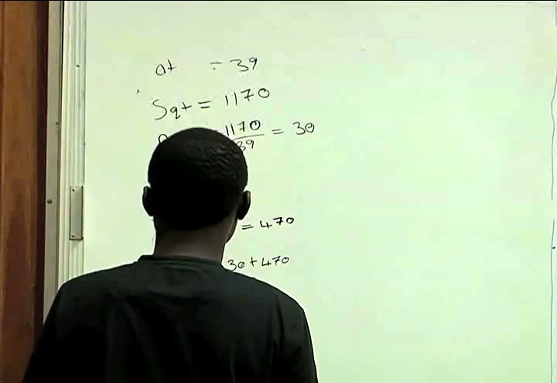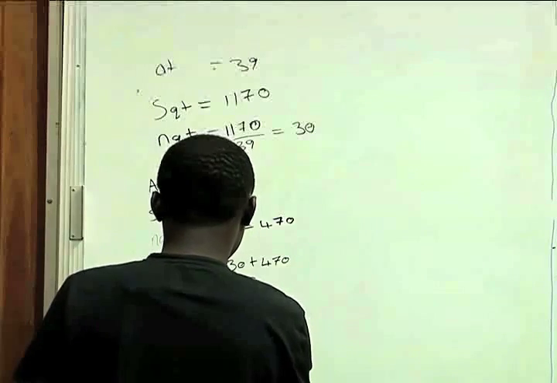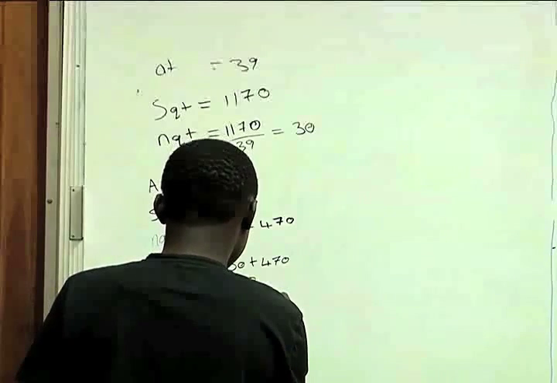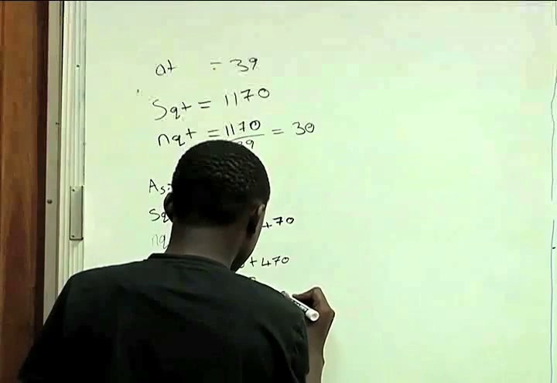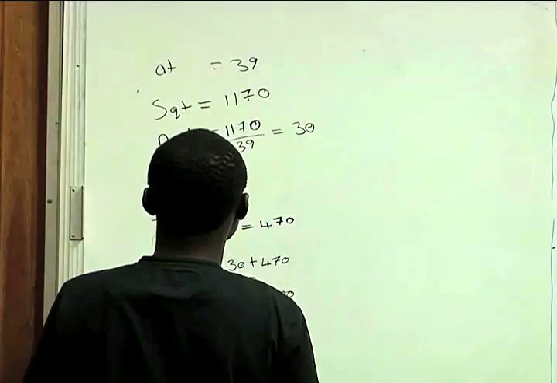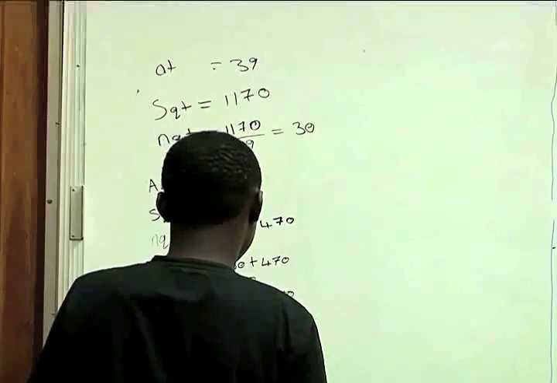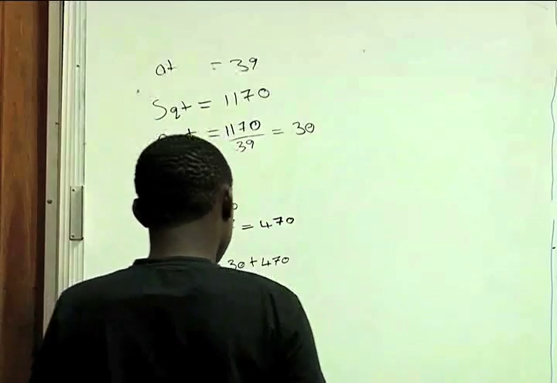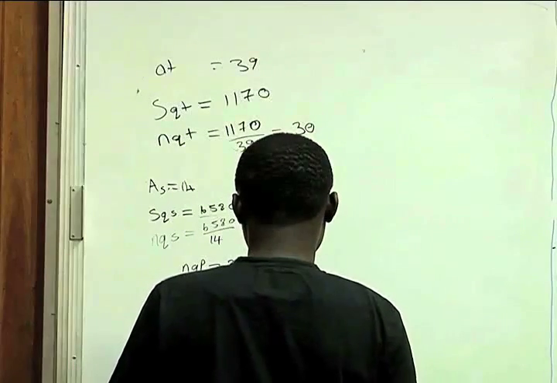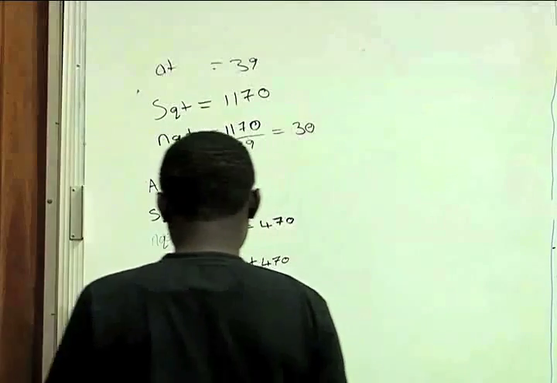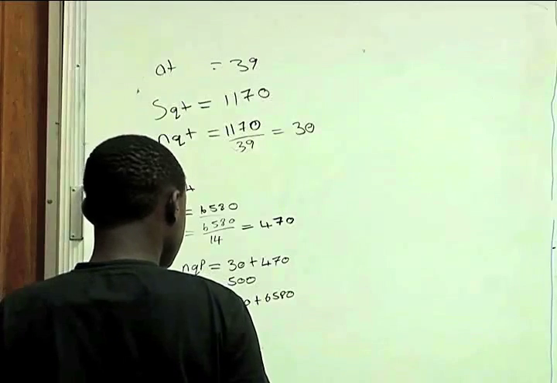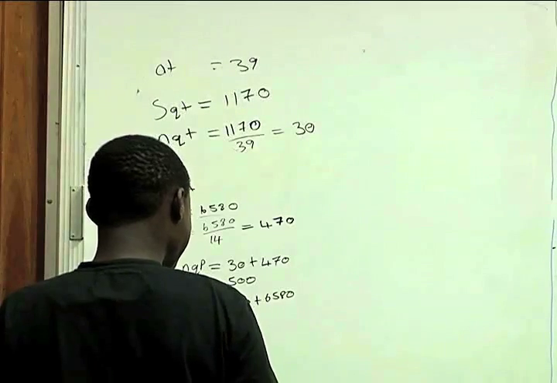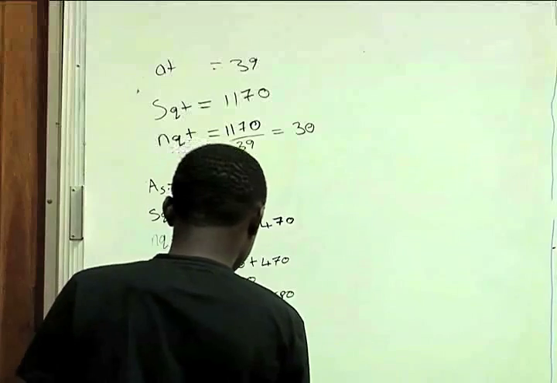So it equals 1170 plus 6580. Add up that. 1170 plus 6580 is 7750.